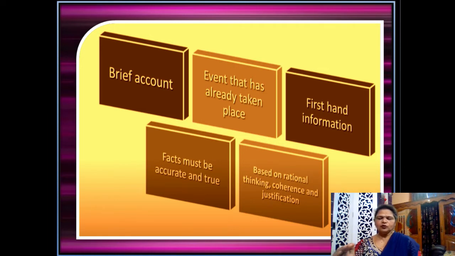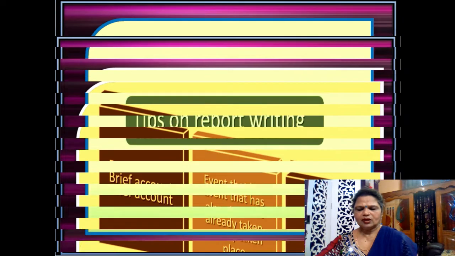No. If you yourself were present at the scene, then only you can write a good report, because the facts must be accurate and true. These facts must be based on rational thinking, coherence, and justification.